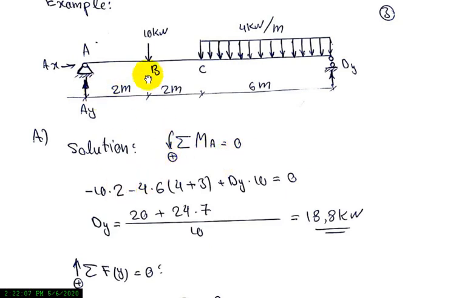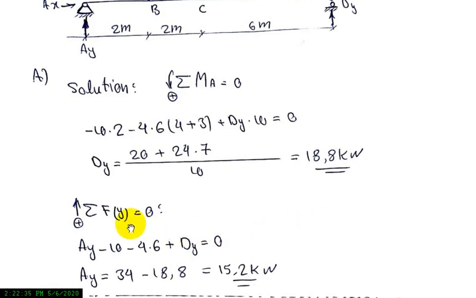Then we can write minus 10 multiplied by its arm 2, and minus 4 multiplied by its length 6, multiplied by its arm 4 plus half of the 6, which is 3, plus Dy multiplied by its length, equal to 0. Then we find Dy, and after calculation it equals 18.8.